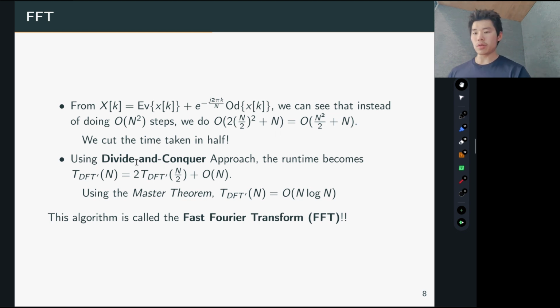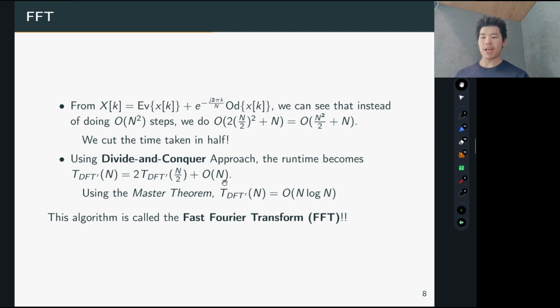And so if you keep on doing this using the divide and conquer approach, the runtime becomes this recurrence relation: 2 times the new DFT algorithm on N/2, because you keep dividing by half, plus O(N) because you have to combine the even and odd parts.